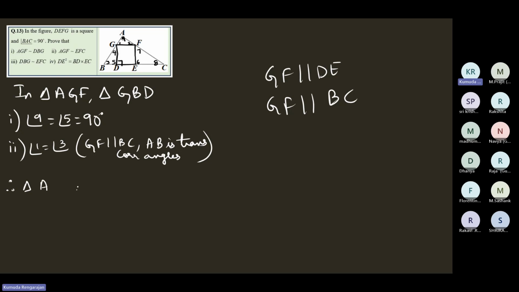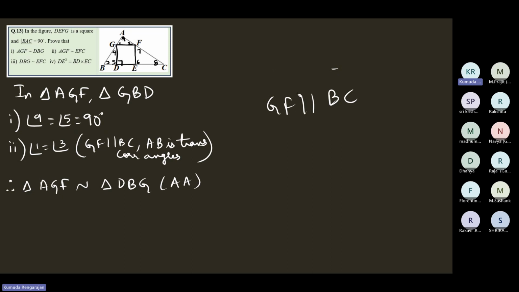A is 90 degrees, so in the second triangle, D is 90 degrees. If you say G here, G is angle 1, and angle 1 is equal to angle 3. So that is B here. Then the third vertex, F, D, B, G. Double A similarity criteria. So AGF, DBG.